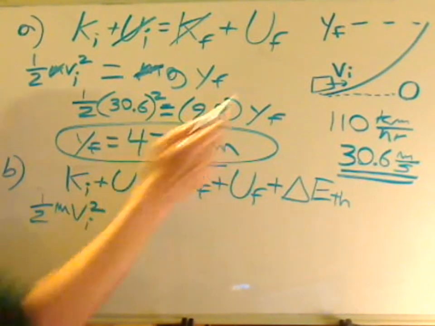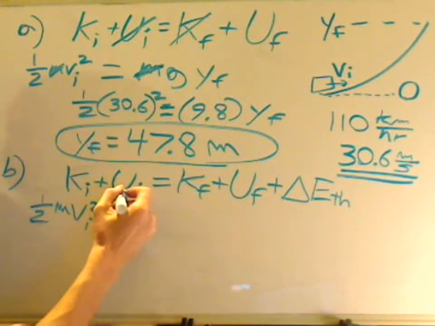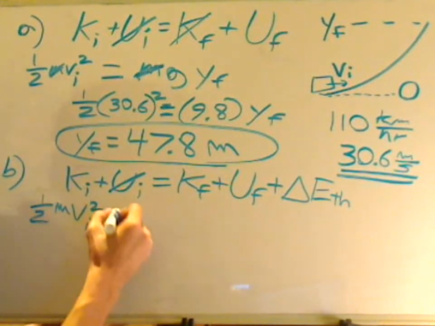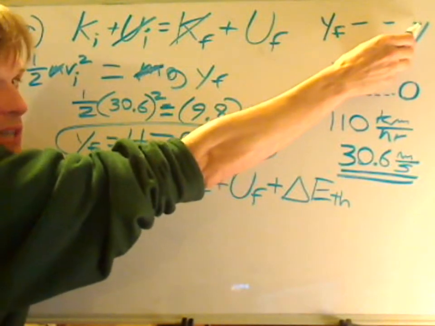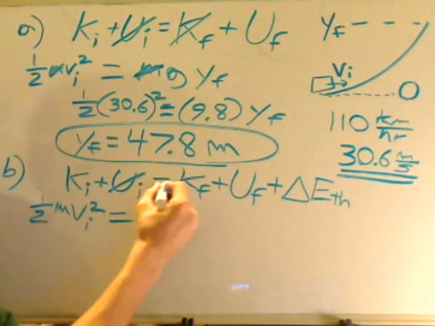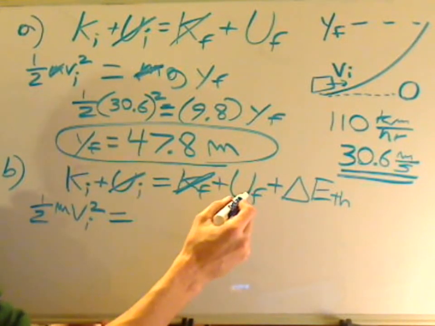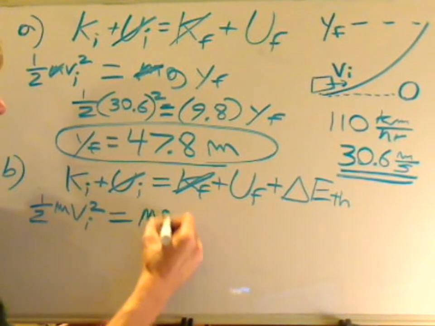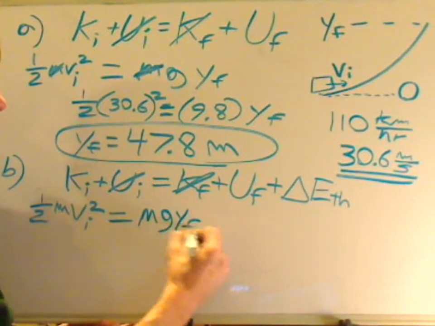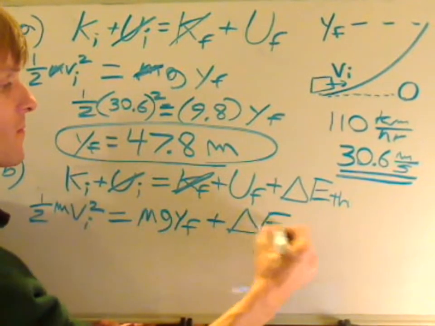Initial potential energy is 0 since our initial height is 0. Final kinetic energy is 0 since the car comes to a stop at our final height. Final potential energy is mg times the final y height, plus our change in thermal energy.